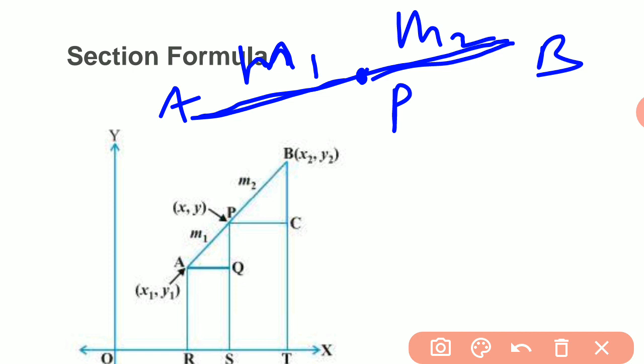That is, when P is the point which divides the line AB in the ratio m1 and m2, then we can write the coordinate of P. What will be the value of the coordinate of P? That is x and y.